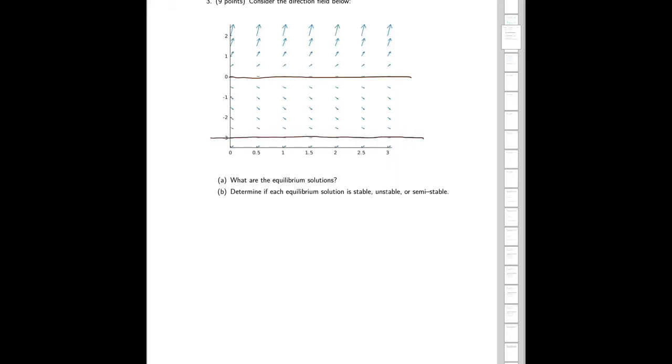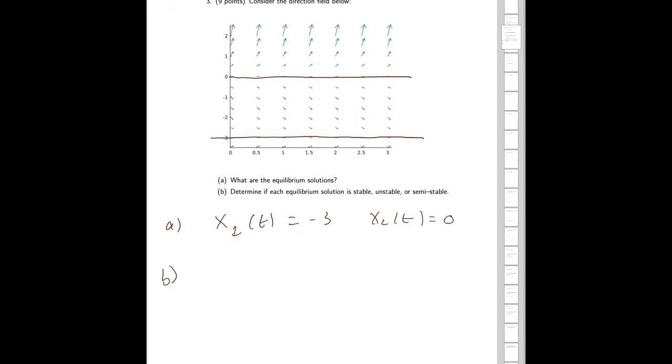Along these lines, the vector field is flat, meaning the solution is constant there, meaning the derivative is 0 there. So part A will have two equilibrium solutions: x1 of t equals -3, and x2 of t equals 0.